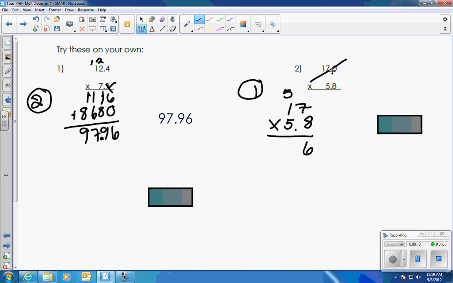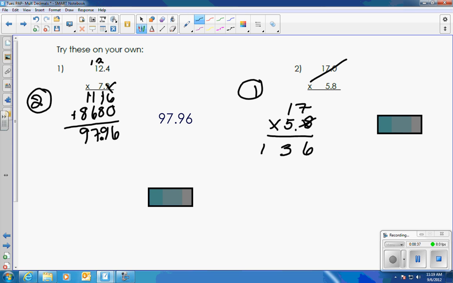And also, remember, you don't have to line up decimals. That's why I was able to take that out. In this problem over here, they just happen to line up. But in this one, it doesn't matter. So 1 times 8 is 8, plus 5 is 13. And then again, I'm going to erase that guy right there so I don't mess up later.